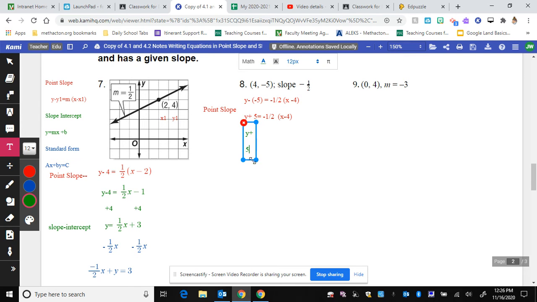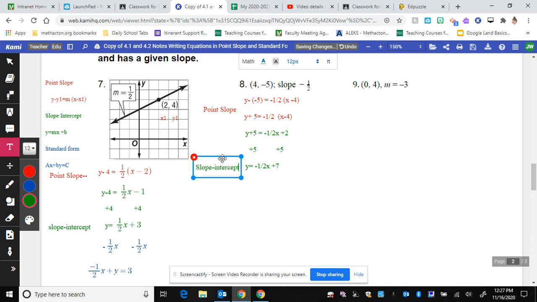So I have y plus 5 equals, now I have -1/2 x, and -1/2 times a -4 gives me a +2. Now I can go ahead and move that 5 so that I can get y alone, and I'm going to add it to the other side. So I have y equals -1/2 x plus 7.